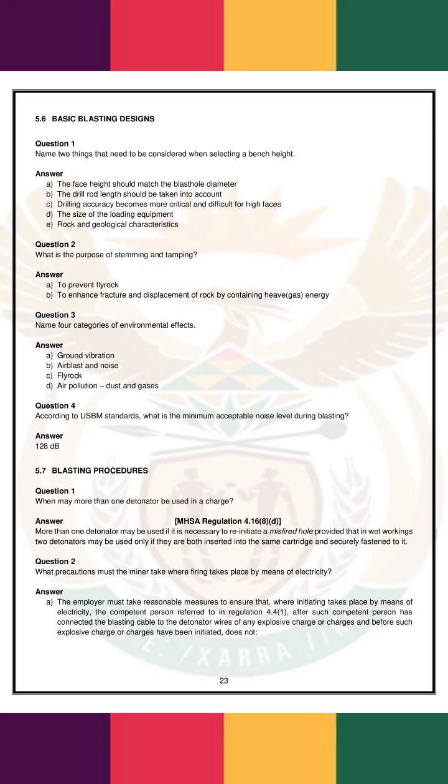A. The employer must take reasonable measures to ensure that, where initiating takes place by means of electricity, the competent person referred to in Regulation 4.4.1, after such competent person has connected the blasting cable to the detonator wires of any explosive charge or charges, and before such explosive charge or charges have been initiated, does not 1.